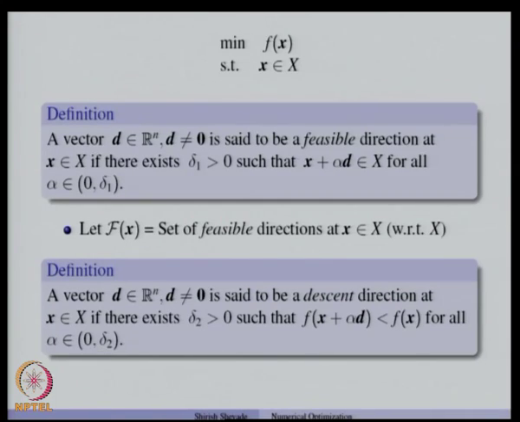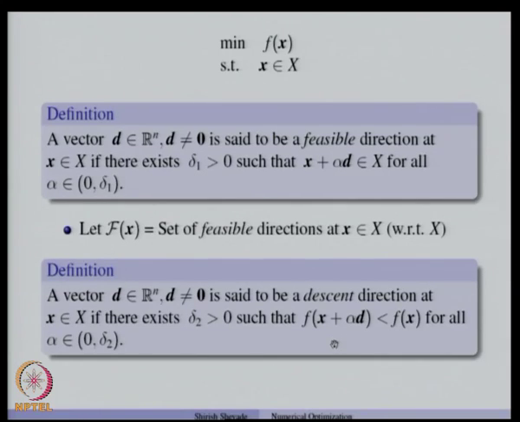So, note that the descent direction is always associated with the objective function, while in the definition of feasible directions you will not see any mention of the objective function, because the feasible directions are always associated with a constraint set, and the descent directions are always associated with the objective function which is to be optimized.